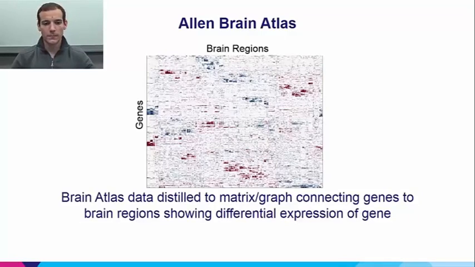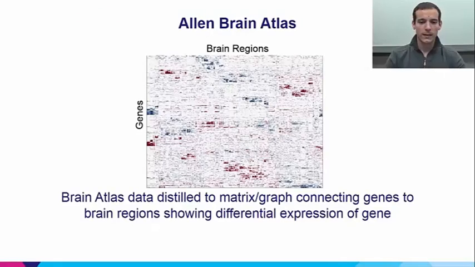The red regions on this heat map are indicating brain regions that show significant upregulation of genes, and the blue regions are showing brain regions that show significant downregulation of a group of genes. So again, this data set just provides another perspective on how genes are related to each other, in this case, based on how their expression varies over a number of brain regions.